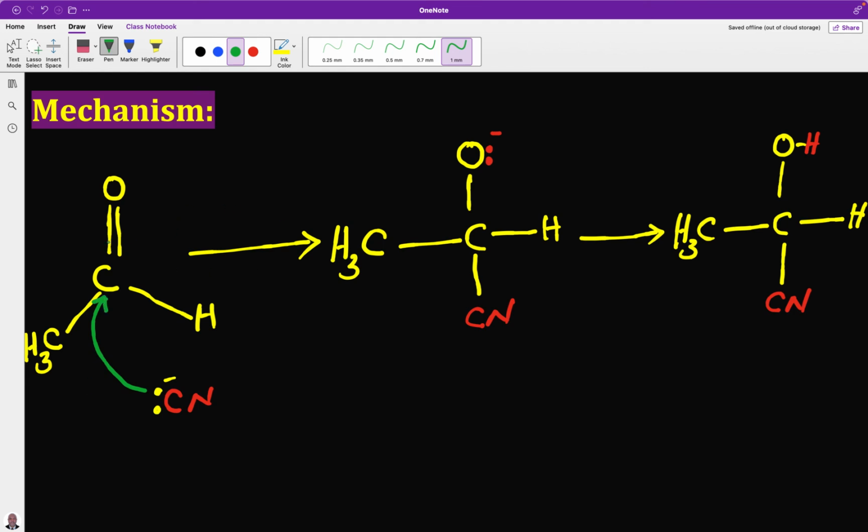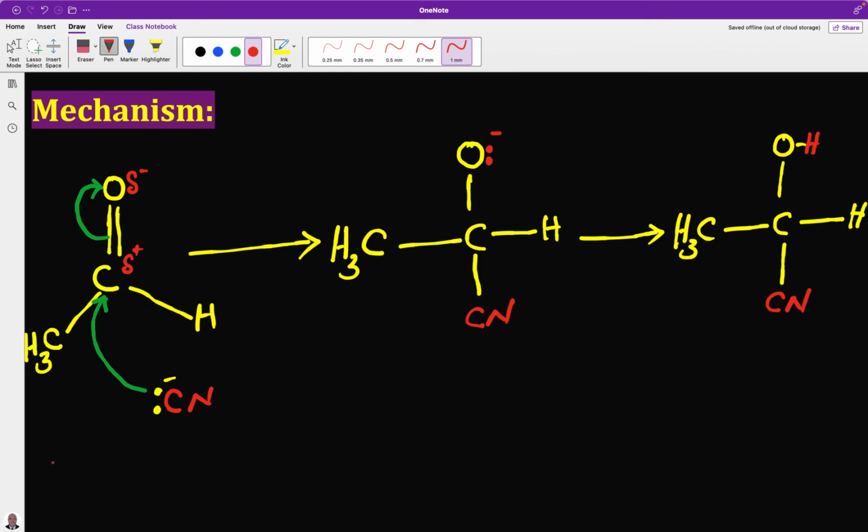Now there is movement of a lone pair of electrons, I mean a bonding electron, to this place, but this is partial positive and this is partial negative. That's how the whole thing is moving.